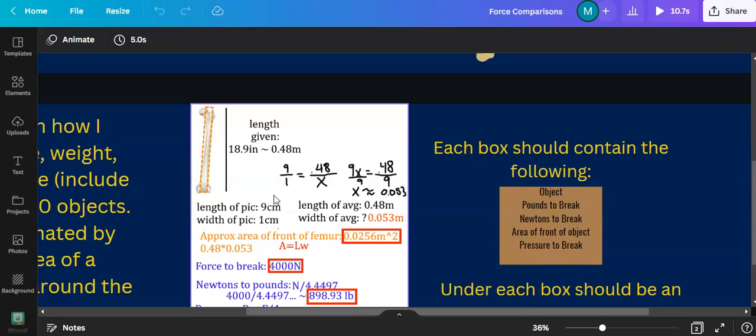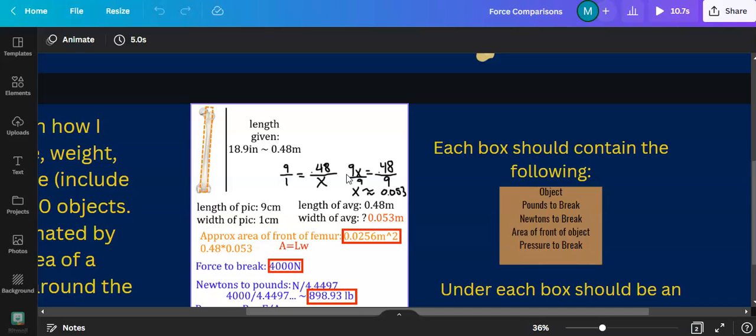We have the length of the picture, which is 9 centimeters. I just measured it on the screen. And then we have the width of the picture is about 1 centimeter. And then the length of the average femur was 0.48 meters. And then what we're solving for is the width of the average femur.